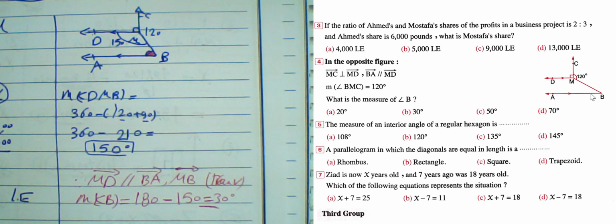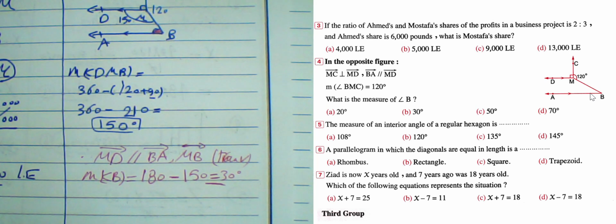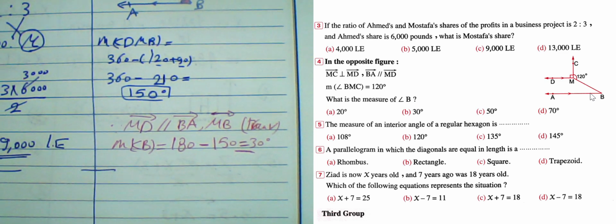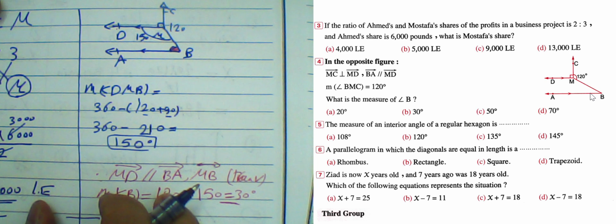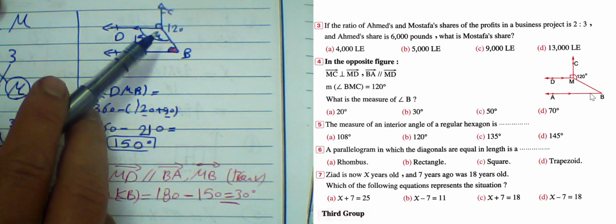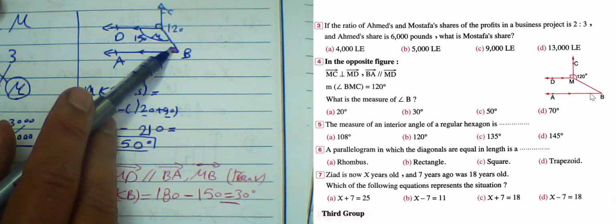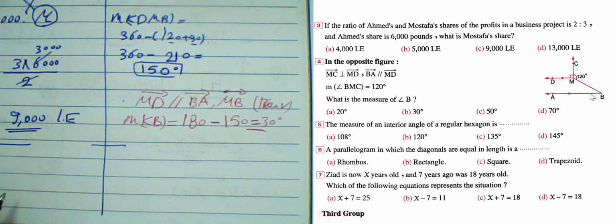Okay, understood? My students, understood this example? First step, find this angle and subtract 150 from 180. The result of angle B equals 30 degrees.